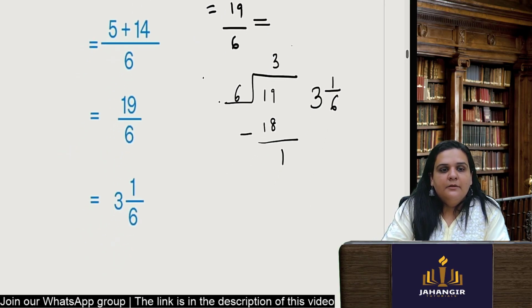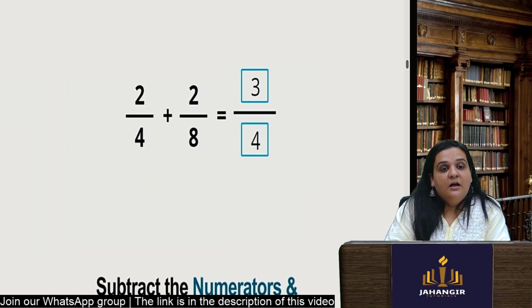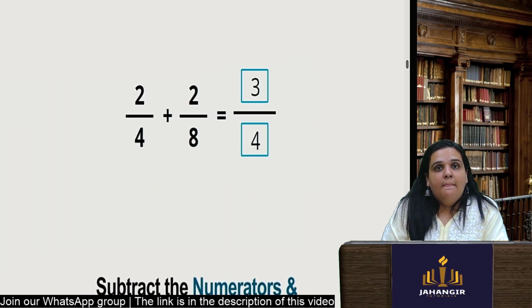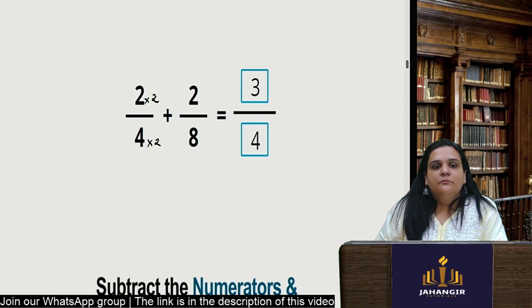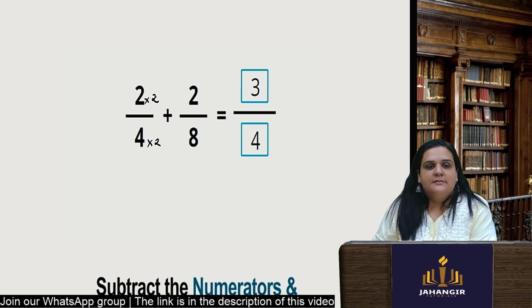Okay. Easy, no? Simple. Now here also I have unlike fractions. So if I have unlike fractions and I have to perform addition or subtraction, I will first have to make it a like fraction. Okay. Or else you can even simplify 2 by 4.